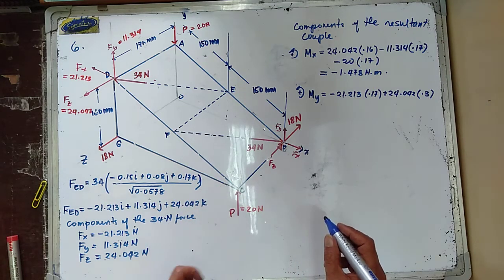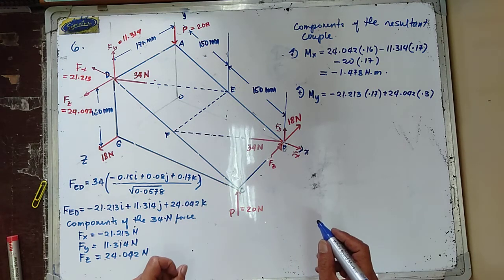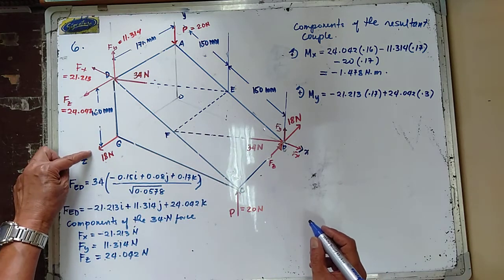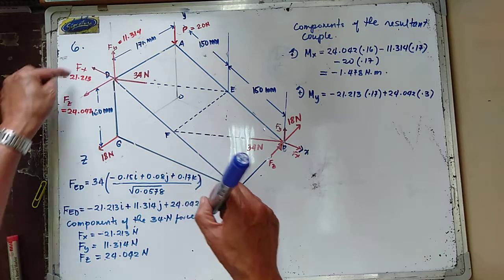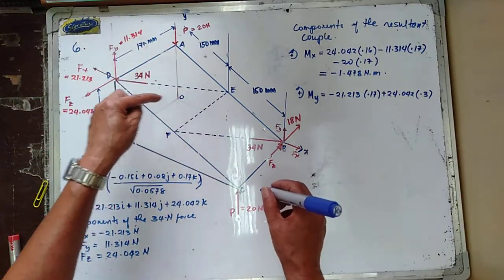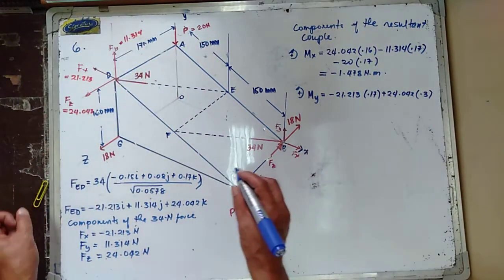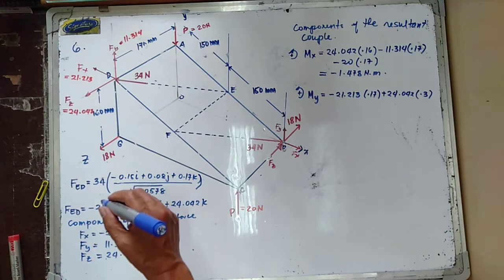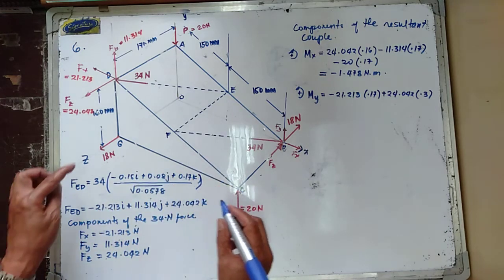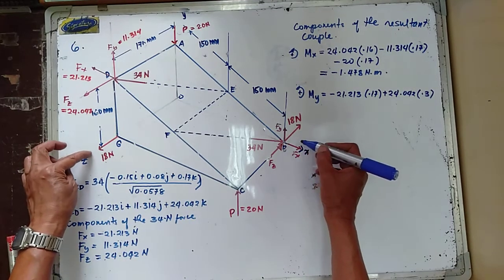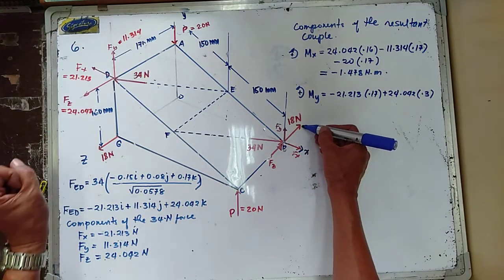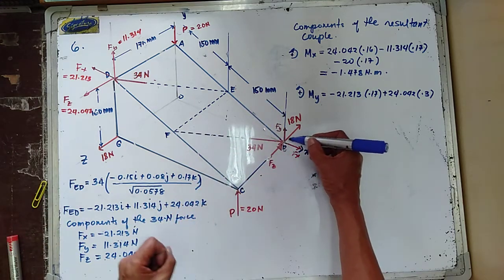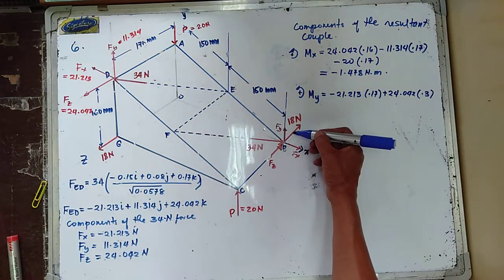Okay, so we now have, that is about the y-axis. There's 18 in here, so it has moment. The moment about the y-axis of this 18 newton, so that is now your Fy. Your 18 is not along the y-axis.